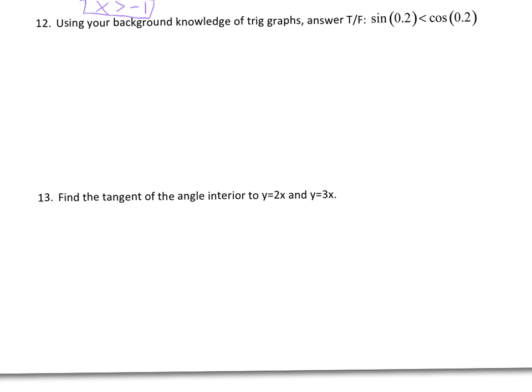So if we imagine, or if we draw, what the trig graphs look like, I'm going to draw the sine graph real quick. The sine graph starts at 0, at pi over 2 comes up to 1, at pi it goes down to 0, at 3 pi over 2 it's down at -1, and at 2 pi it's back at 0.